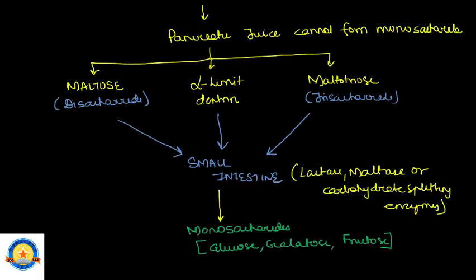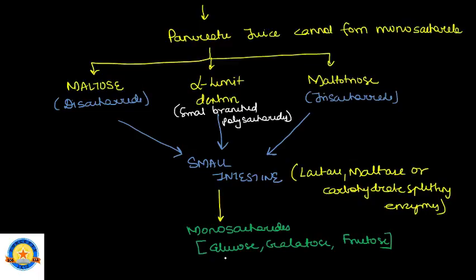What is alpha limit dextrin actually? These are small branched polysaccharides. And then in the small intestine, carbohydrate splitting enzymes act, and we get monosaccharides, that is glucose, galactose, and fructose.